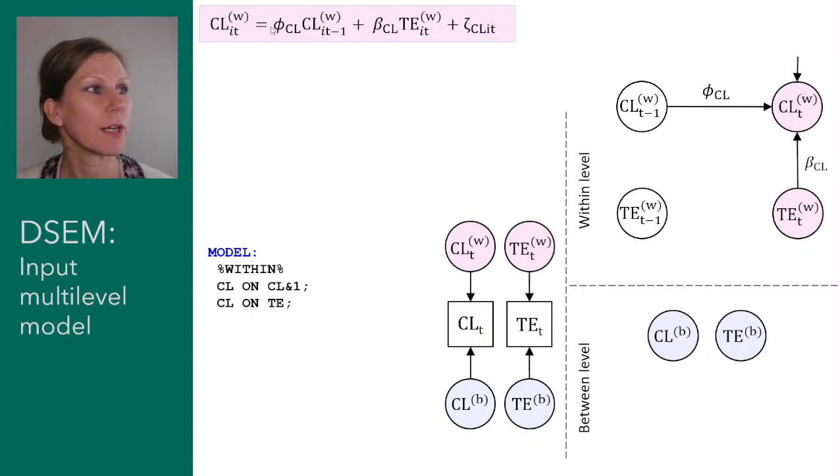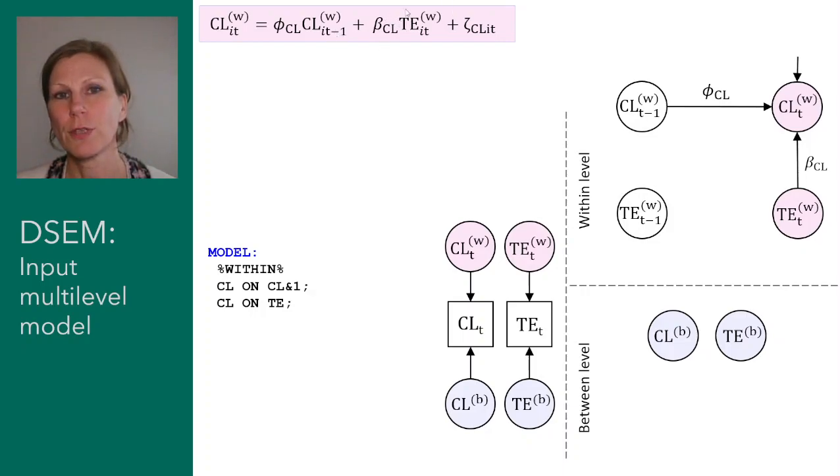And there is this cross regression from tension today to closeness today. We can write this also as a regression equation where we say closeness of individual i at occasion t, the within person deviation from a person's mean for this variable, is actually regressed on the within person component at the previous occasion, so for the same person i, but at the previous occasion, so t minus 1.